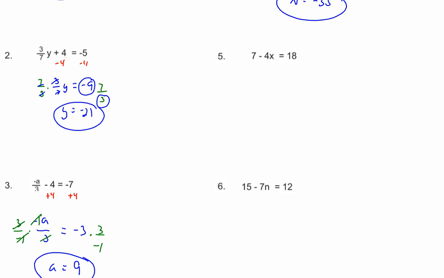So again, remember, we're isolating the variable, going to get it all by itself on one side of the equal sign. So that's that x right there, right? When you have both quantities added and multiplied, move the thing added first by adding its opposite. So you can add a -7 to both sides, right? Be careful here. Some students forget the negative sign there. It's a -4x, right? And on the right, then you get 11.